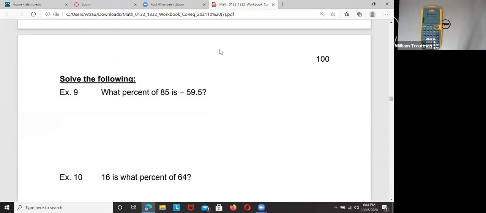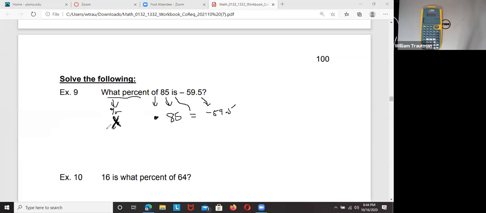Okay, so every time there's a "what," instead of a question mark, I'm putting an X. What percent? So we know this is going to be a percent number because it says what percent. So I'm just putting a percent symbol above it just to know we're going to be using that. What percent of, "of" is multiply, 85 is equals negative 59.5.